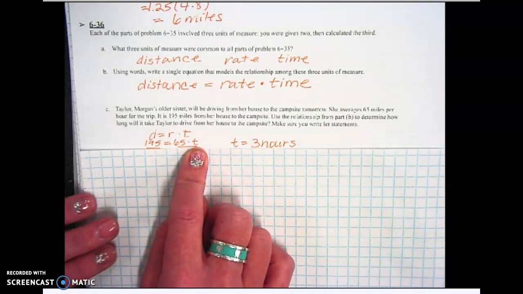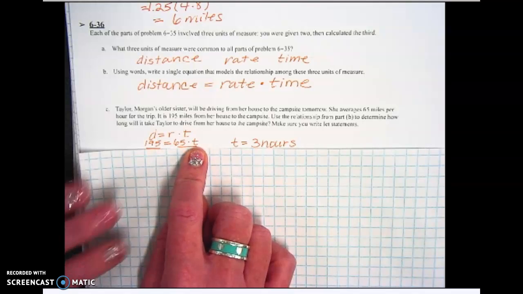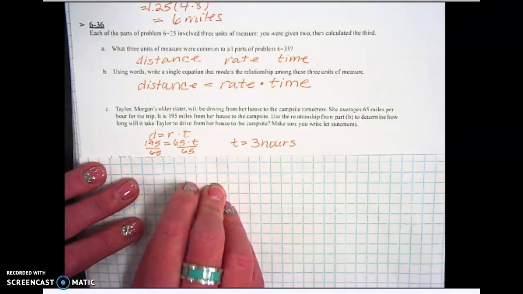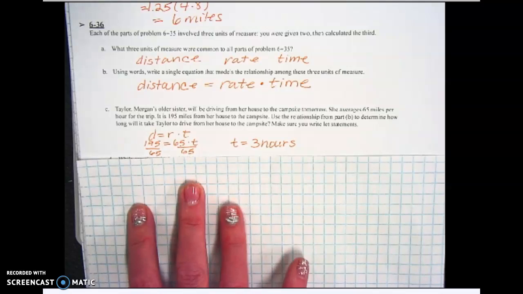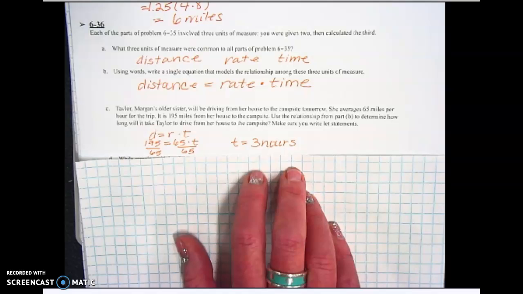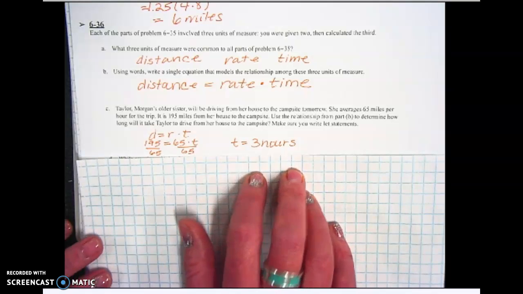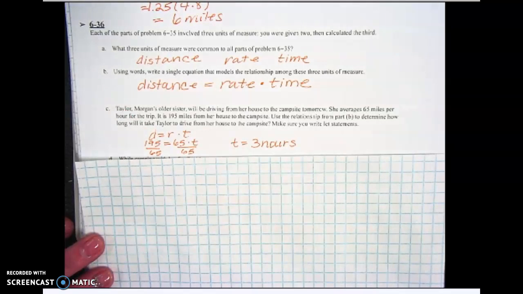We need to solve for t, so we need to solve for the time. We're going to divide both sides by 65 instead of multiplying this time. And when 65 goes into 195, it goes in there 3 times. So it's going to take Taylor, Morgan's sister, 3 hours to drive there.